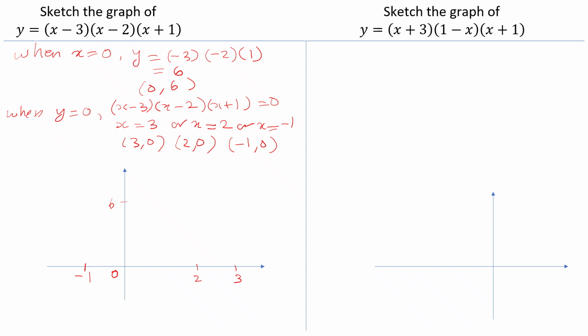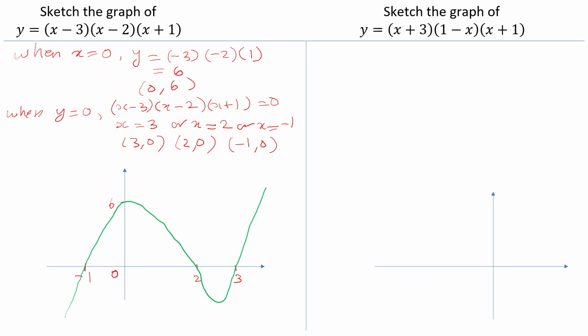The x cubed is positive because x times x times x is positive x cubed. So the graph starts from the bottom left hand corner. So start here, up here and goes this way.